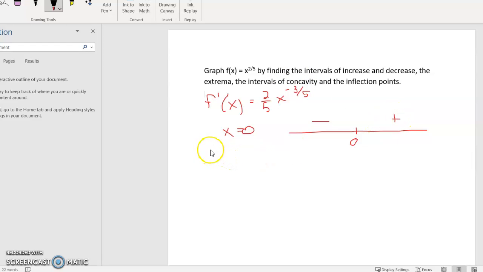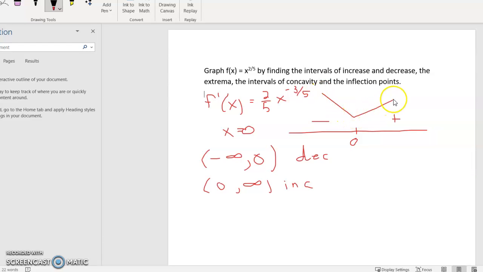So from this first derivative, we get from negative infinity to 0, this is a decreasing graph. And from 0 to infinity, this is an increasing graph. So decreasing and then increasing, this is a minimum.